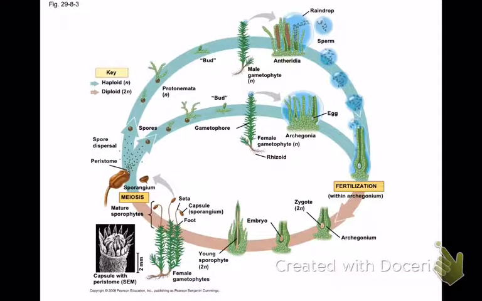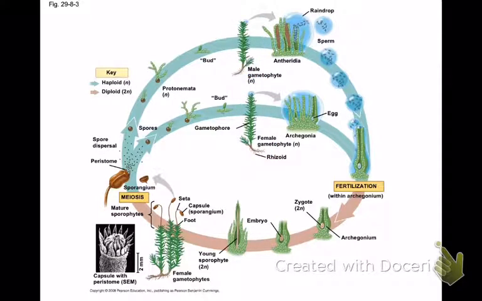So if we look here at the life cycle of Mnium, the moss, spores will be released into the environment. They will germinate to form these filamentous structures called protonemata. Those protonemata will form either a male gametophyte or a female gametophyte.